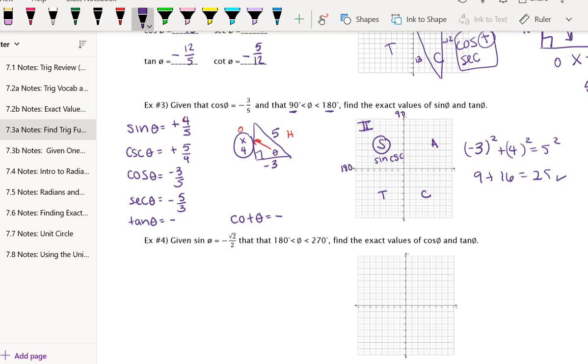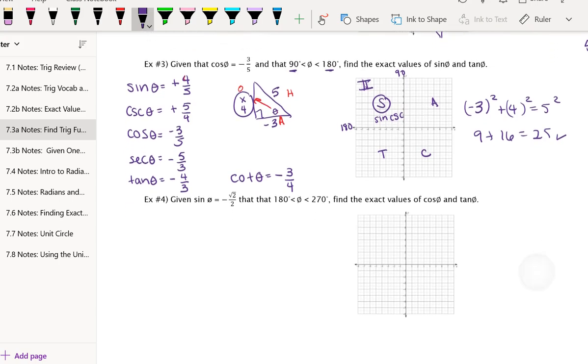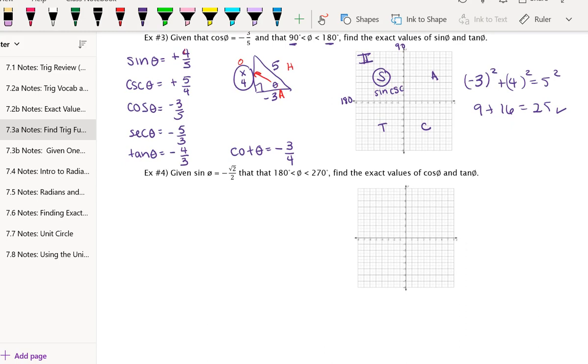Tangent is opposite over adjacent. So if the angle is right here, then here is your A. So 4 over negative 3, because remember I told you it was a negative, and then reciprocate it. Okay, see how it starts to get a little bit easier? Honestly, labeling from the quadrants is going to be the best way to go. Okay? All right, let's just do it.